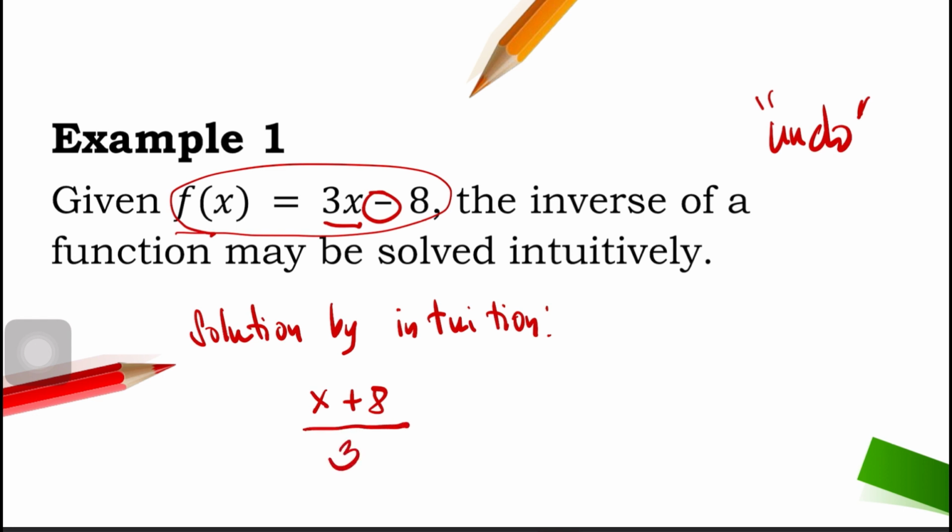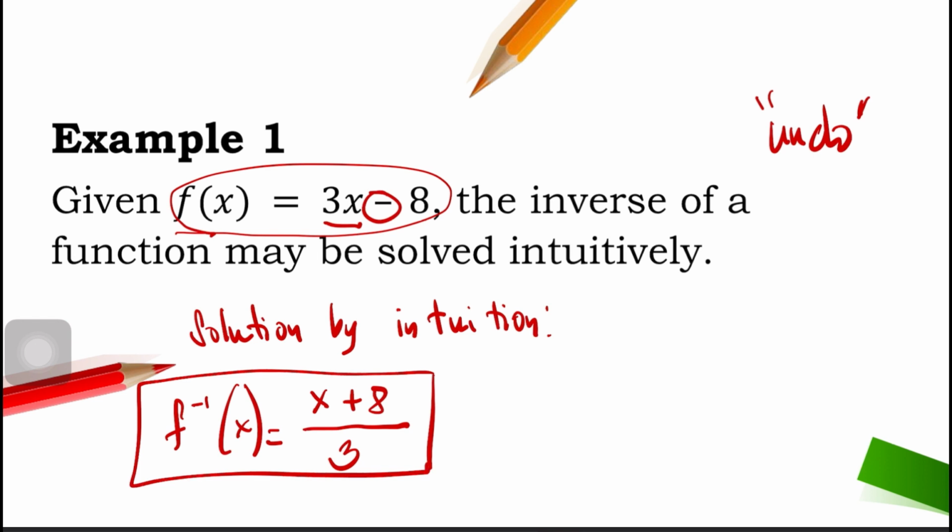And lastly, for step 3, equate it to the inverse function notation, and that is f raised to negative 1 of x. And this is now our inverse of the function f of x is equal to 3x minus 8.